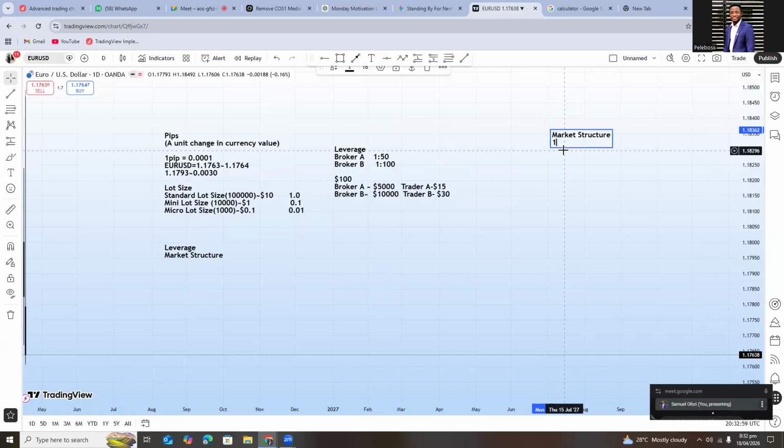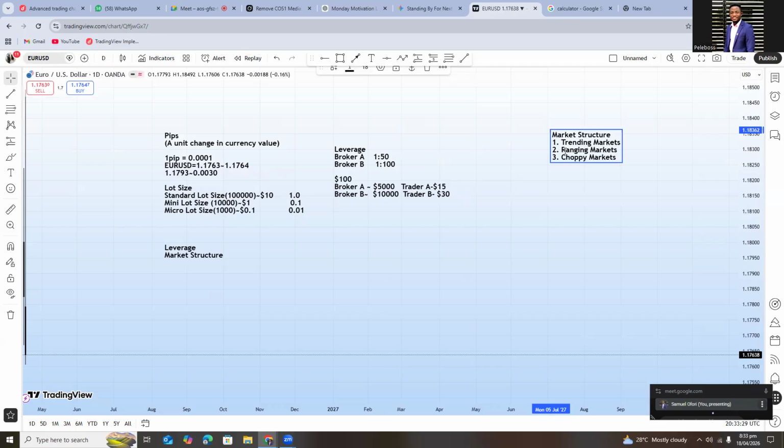Okay, so we have trending markets, then we have ranging markets, and then the third one is choppy markets.